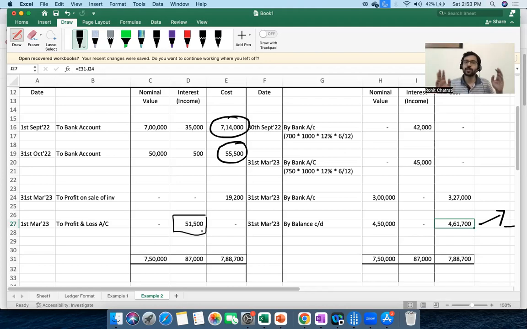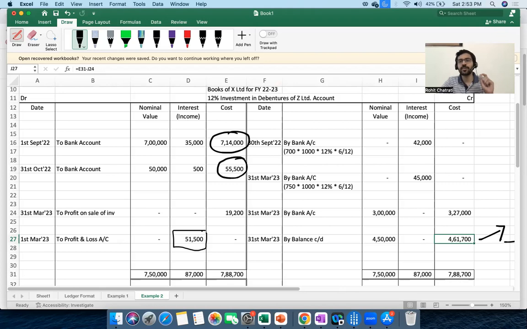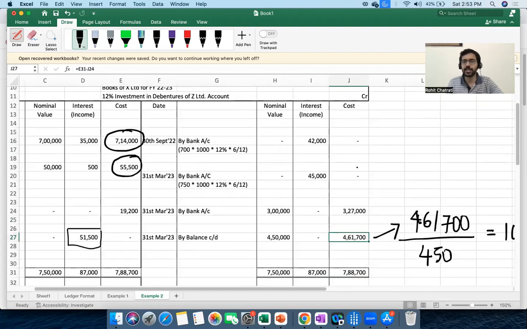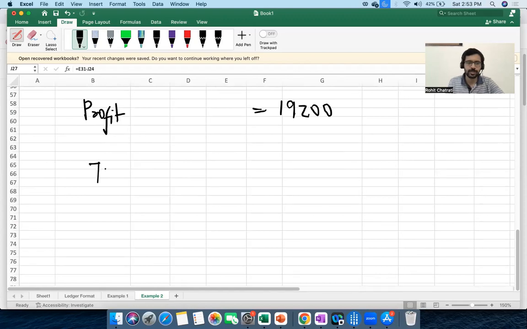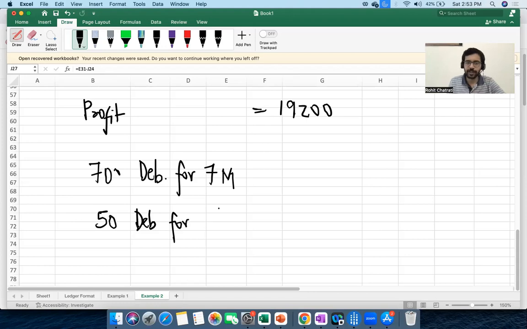If I tell you throughout the year, you were holding 700 debentures for a period of 7 months, and you were holding 50 debentures for a period of 5 months.